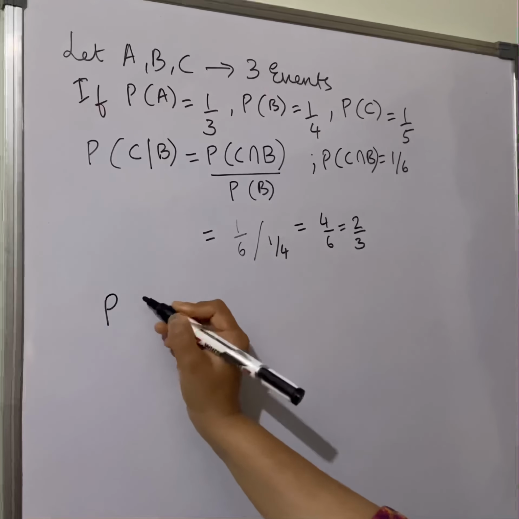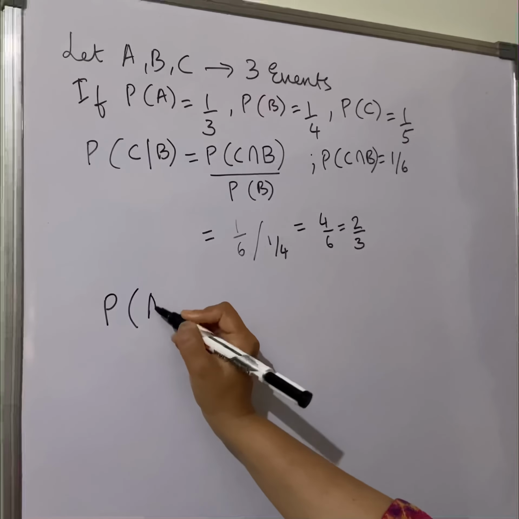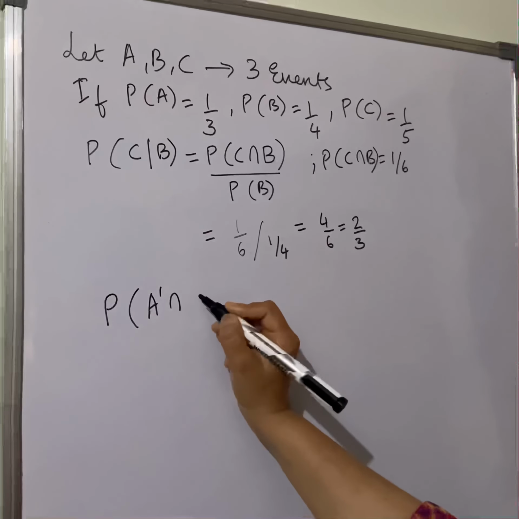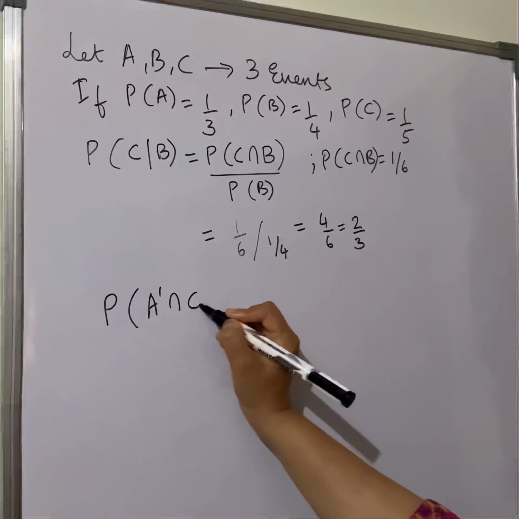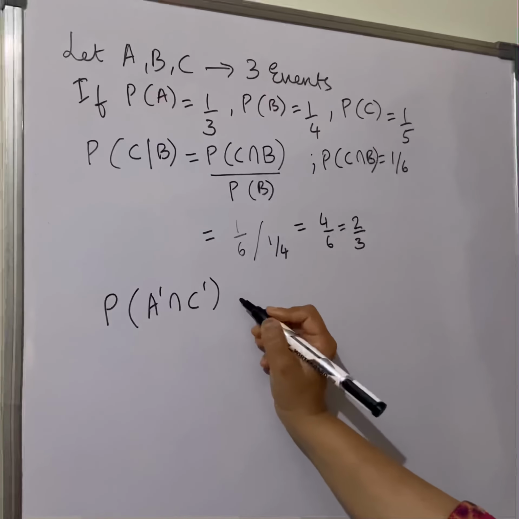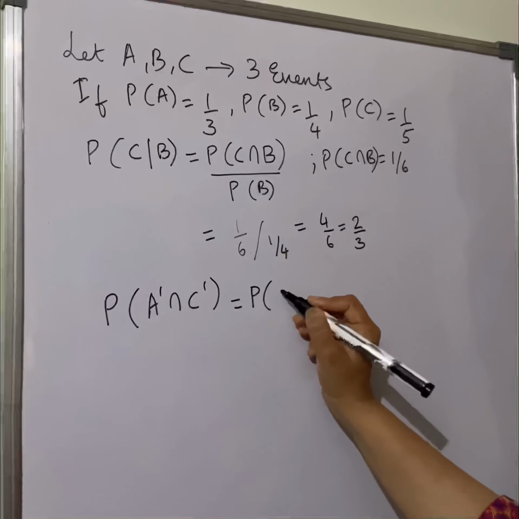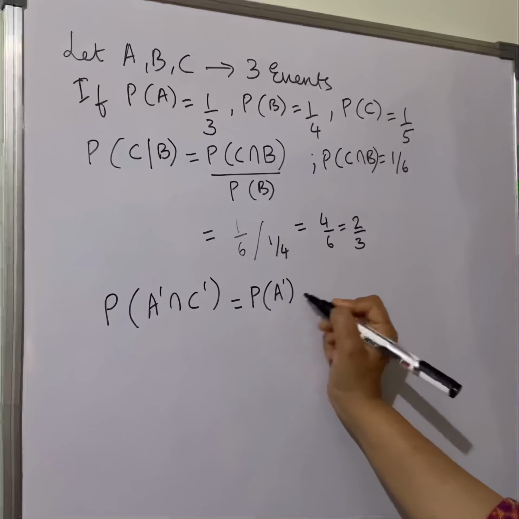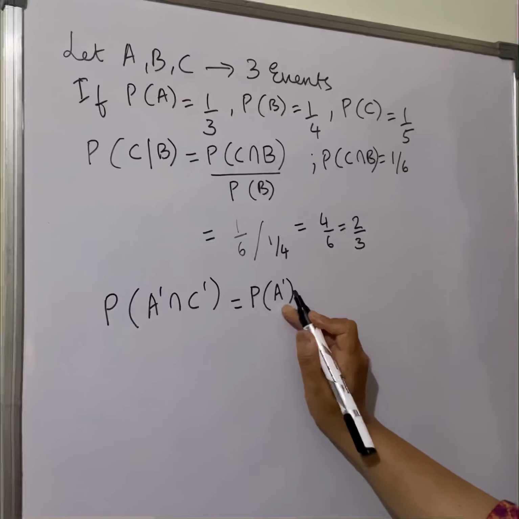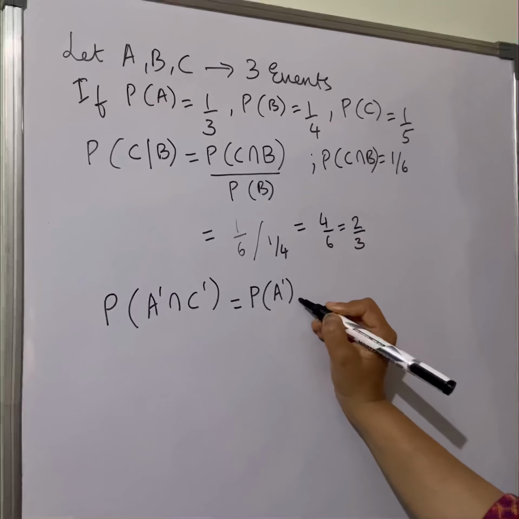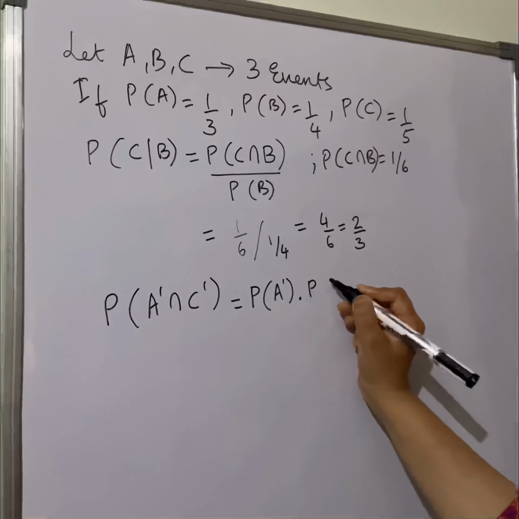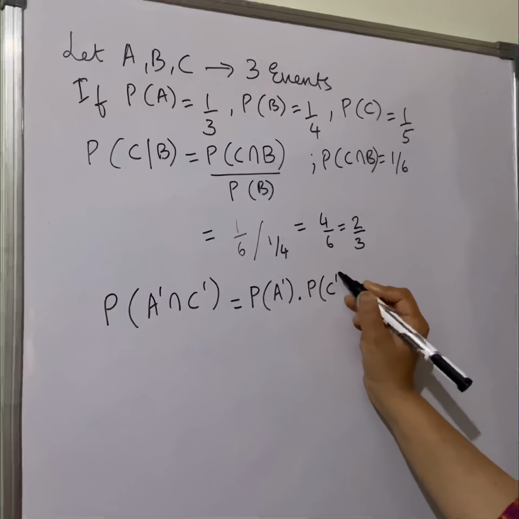Now, what is the probability of A dash intersection C dash? For this, we can take probability of A dash or probability of A complement into probability of C complement.